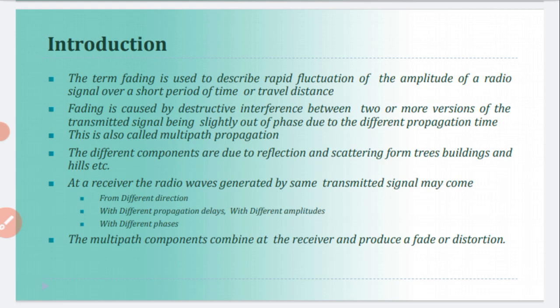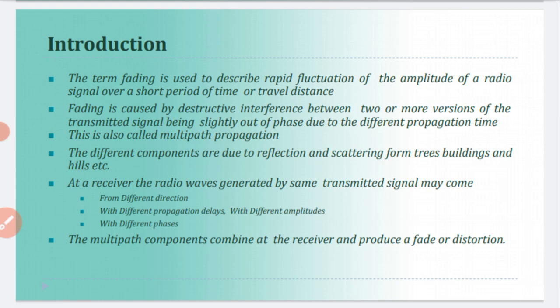While transmitting from a transmitter to a receiver, there will be multiple paths. Due to the multiple paths, the direction of the signal will differ. Also there will be different propagation delay, some difference in the amplitude of the signal, and some difference in the phase of the signal.